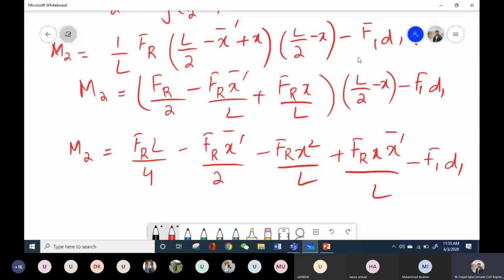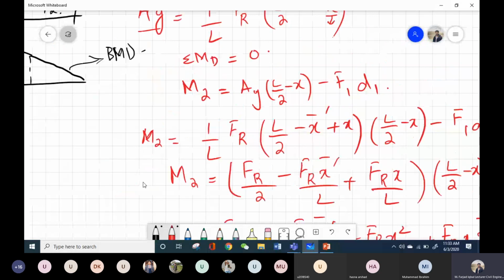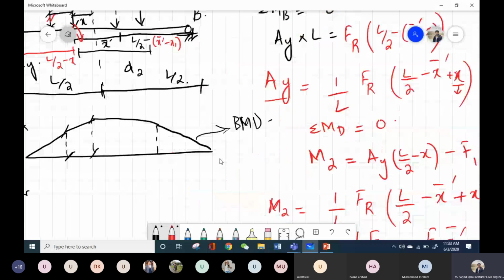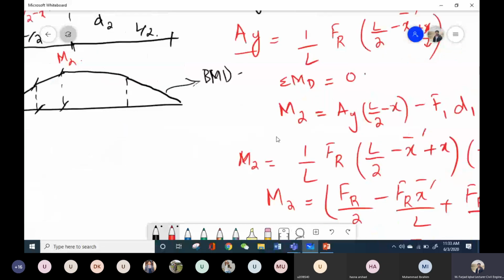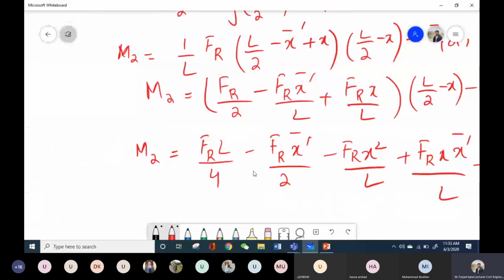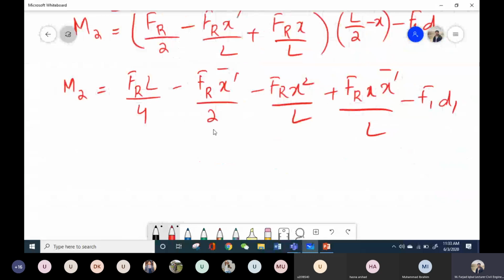Now we have assumed previously that our maximum moment was existing at a point under this force F2, and the value of that moment, let's say, was M2. So we know that if we want to maximize the value of M2, we have to take the differential of M2 with respect to the distance x and set it equal to 0.